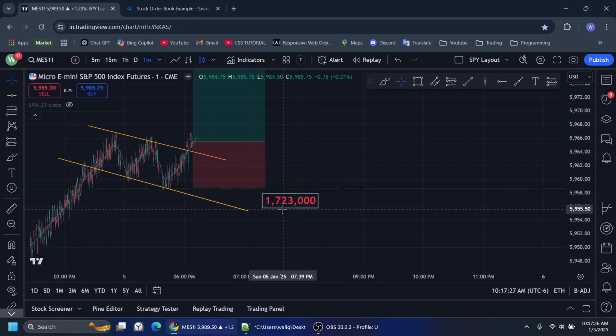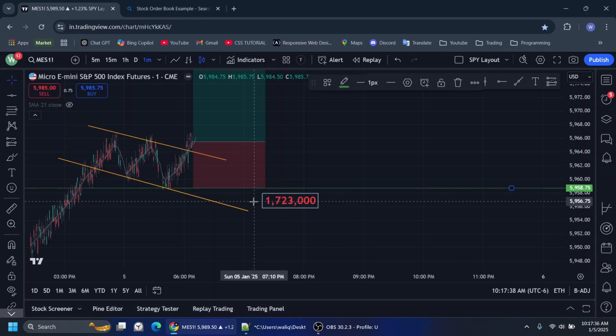So there are 1,723,000 limit orders, stop limit orders, that are ready to dump all of these shares at this price into the market. There's a lot of supply over here.